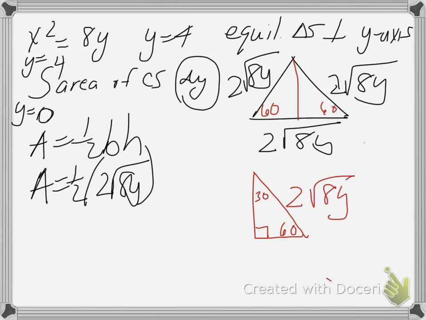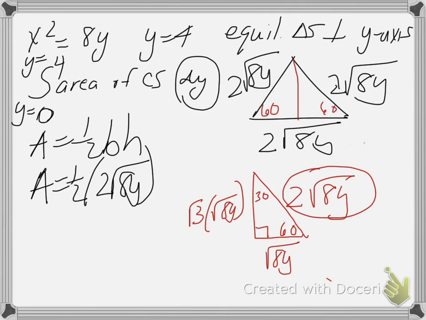Okay, the side across from 30 degrees is half of the hypotenuse. Here's the hypotenuse. Oh my goodness. Things are going crazy. If I divide that by half, I just get radical 8y. The side across from the 60 degrees is radical 3 times the side across from the 30 degrees, which is radical 8y.